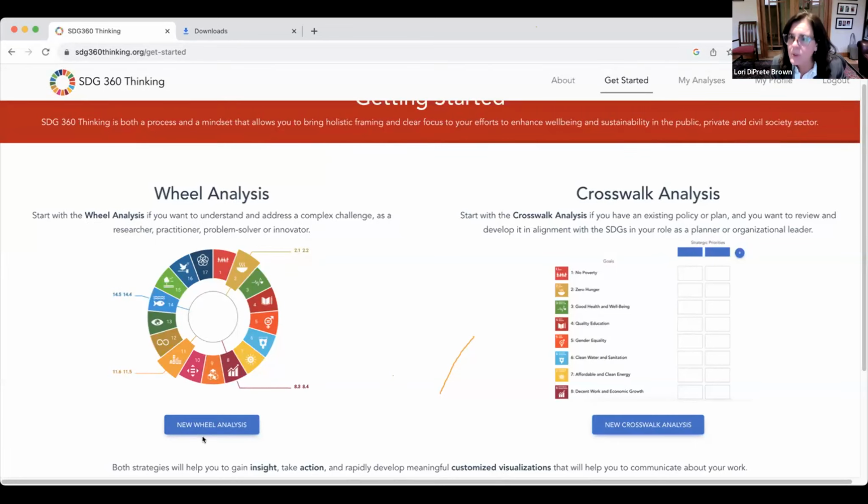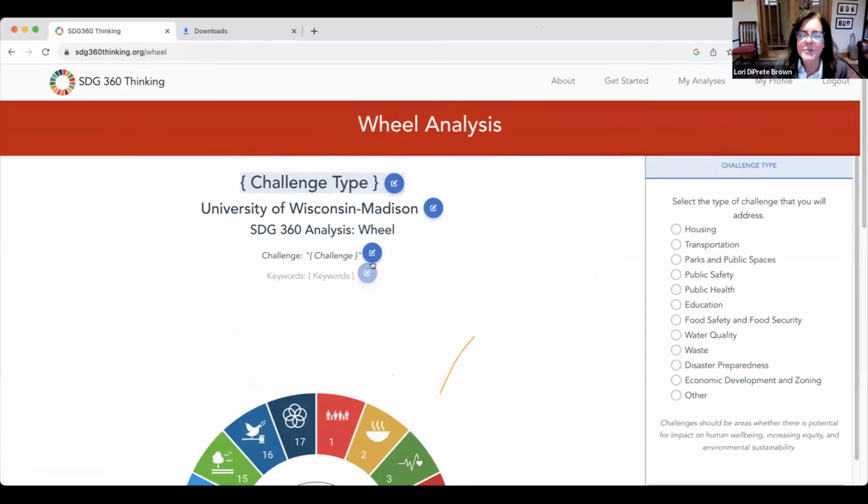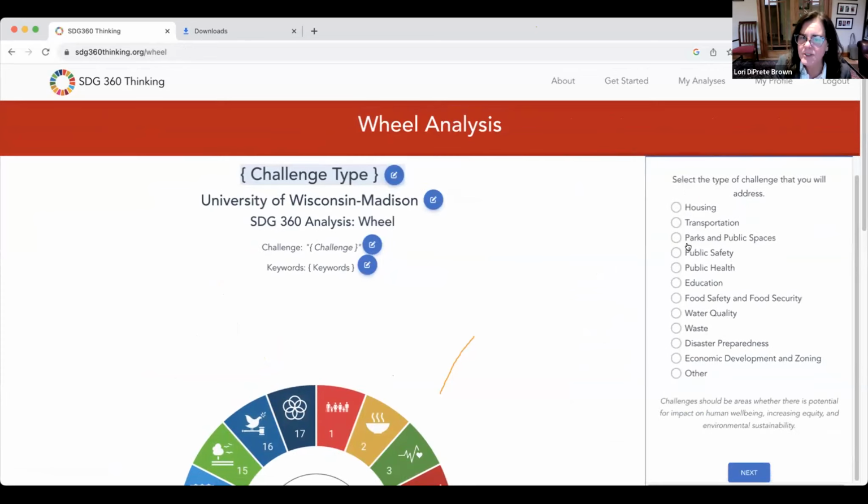I'm going to show you some visualizations later. But right now I'm going to click on New Wheel Analysis. Somebody has an orange crayon going, but anyway, that's nice, whoever is adding that to the picture. So for challenge type, it gives me a menu here, and I'm going to click on, maybe I want to do something related to transportation, okay?